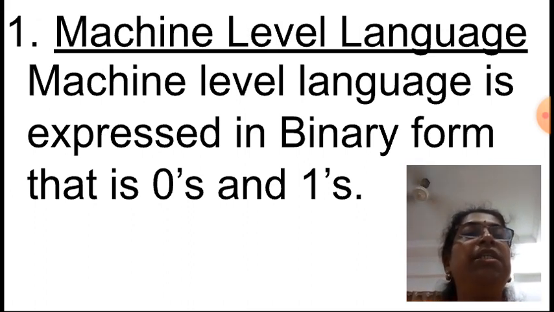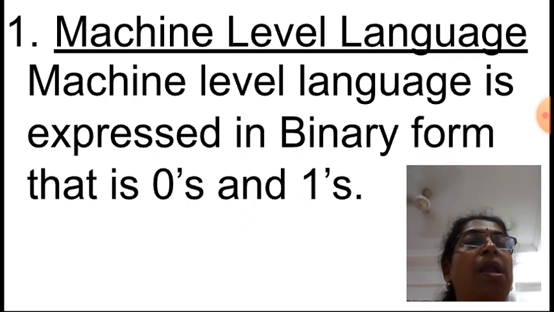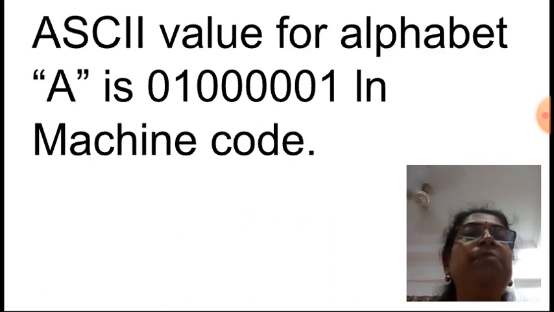Machine language is expressed in binary form, that is zeros and ones, not the English language. Means any program, any instruction you want to write in machine language, you have to write in the combination of zeros and ones. Now suppose alphabet A you want to display.